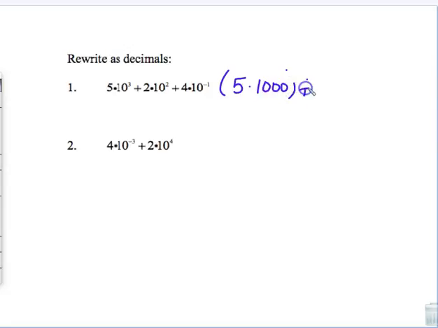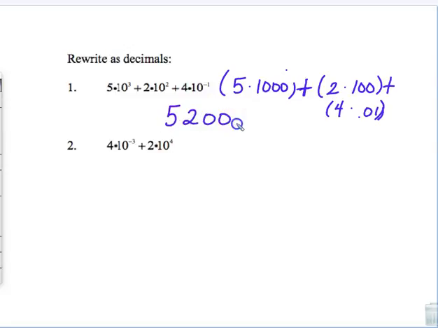That's 5 times 1,000 plus 2 times 100 plus 4 times a tenth. And if you do that, it might help you get that set up for the numeral form. So when I write this number now, we have 5,200, no tens, no ones, but we do have 4 tenths.